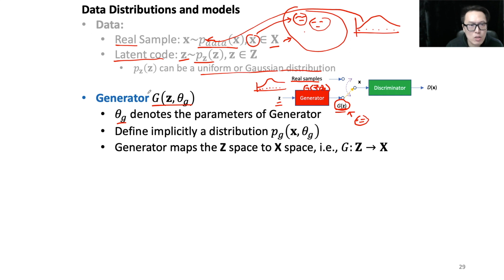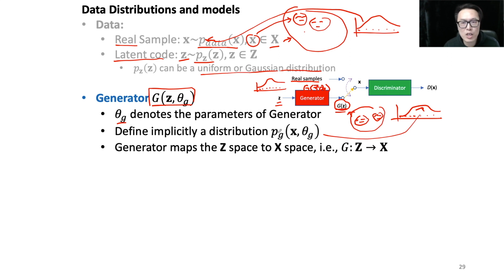Once we have this model defined, theta G is fixed through the training, and the faces G(z) fill a space with many faces. If we plot the data distribution, that would be PG(x; theta G). Subject to different parameters, we get different distributions PG. The ideal case is that PG is the same as P data, so that the generator can produce the same data distribution as the real samples.